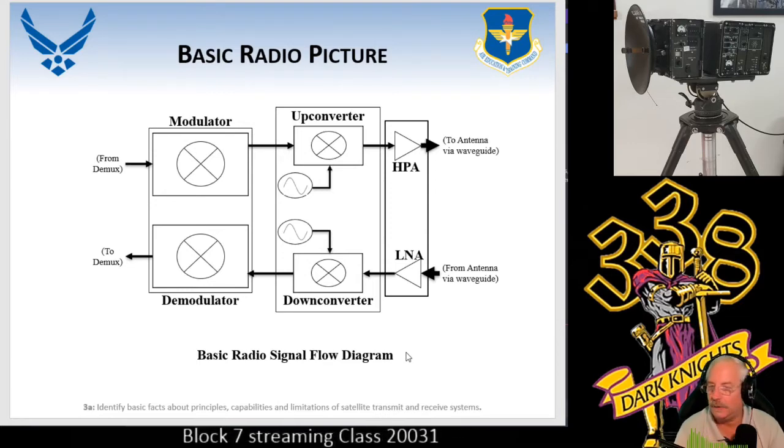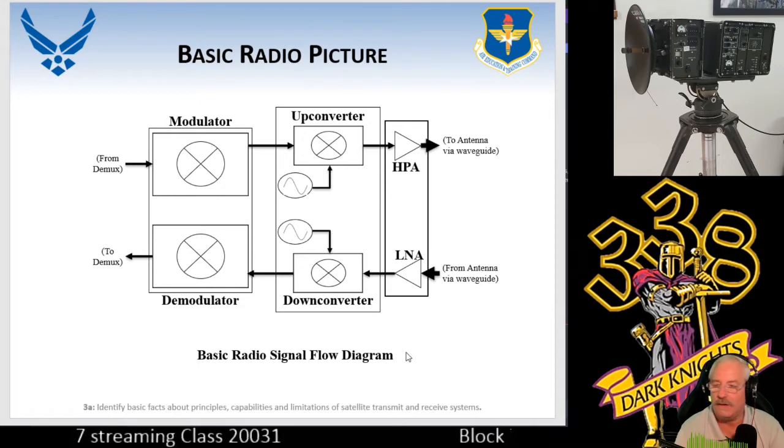And determining what it's going to do will give me some idea as to the reaction it's going to have. So we're going to take a receive signal that's very weak, amplify it, run it through the down converter. There's a mixer. You're going to use a phase lock loop oscillator to convert that RF to IF into the demodulator, and the demodulator is going to take it into baseband.